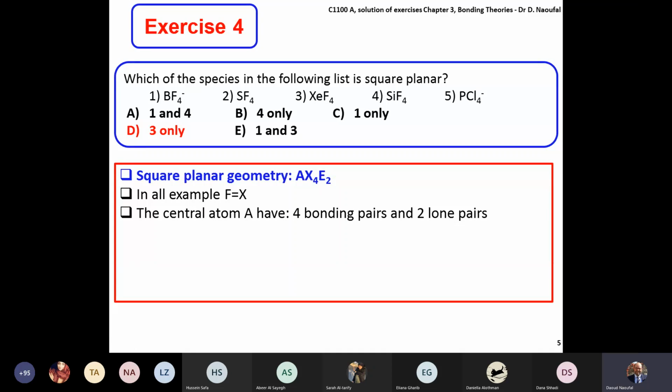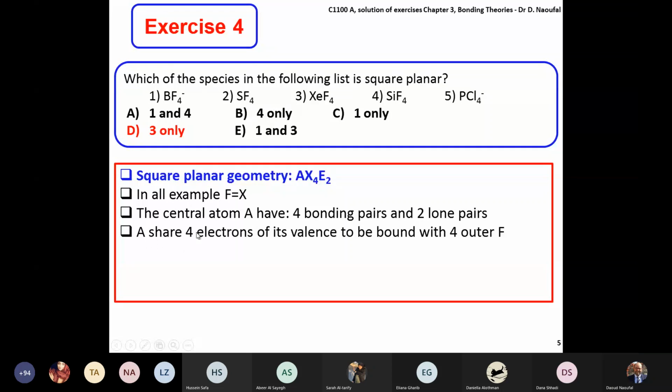So around the central atom, we have 4 bonding pairs and 2 lone pairs, or non-bonding pairs. I analyze the structure of the square planar geometry because in the next exercise I will prove a rule that can be used directly without doing all this work.